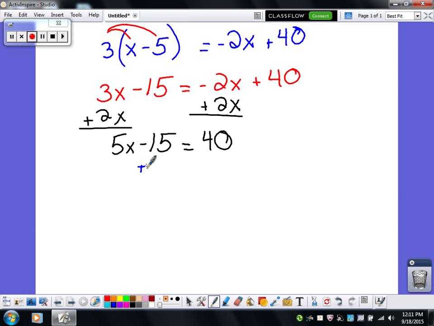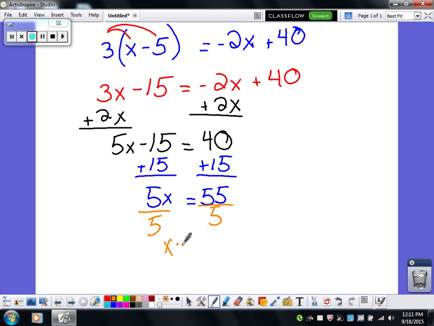So I'm going to add 15. Now what, guys? Divide both sides by 5. That's not negative, that's positive. Positive 3. Okay. And that is the lesson.